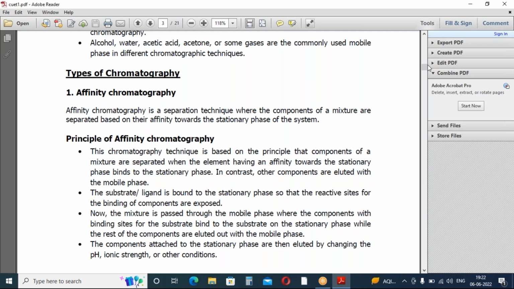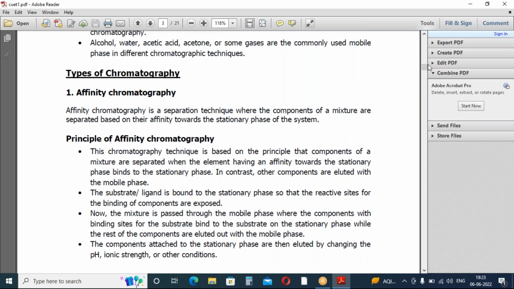The components present in the mobile phase, which passes through the system, are attracted onto the stationary phase. That is the main principle behind affinity.